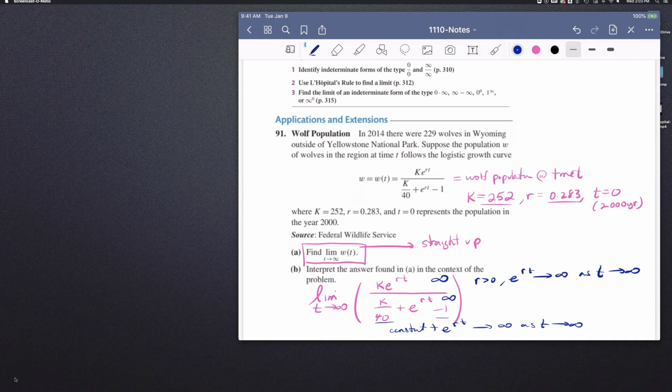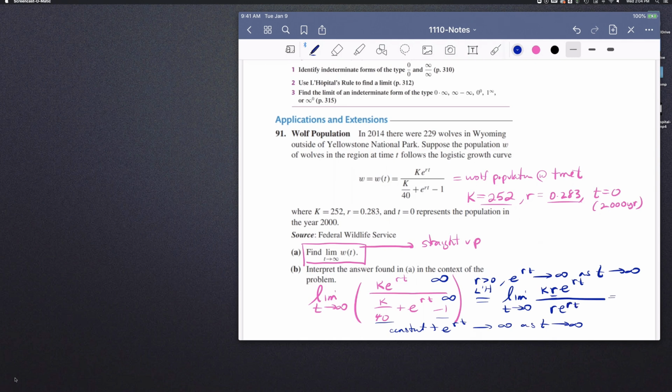So we're seeing an indeterminate form, infinity over infinity, in which case we can tackle this problem using L'Hopital's rule. We compute the same limit as t goes to infinity, taking the derivative of the top. Remember, this r appears because of the chain rule. In the bottom, k over 40 and 1 are constants, so their derivatives are 0. The derivative of e to the rt is r e to the rt.